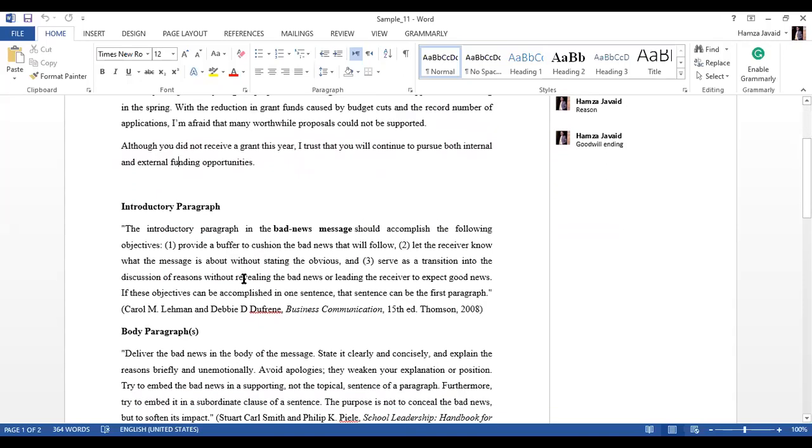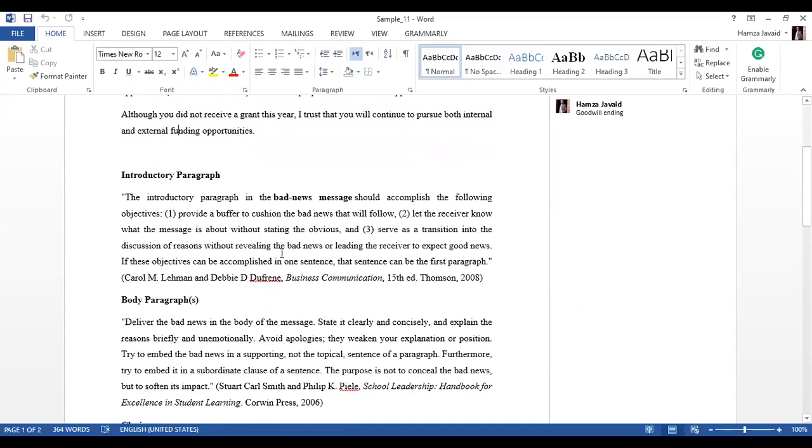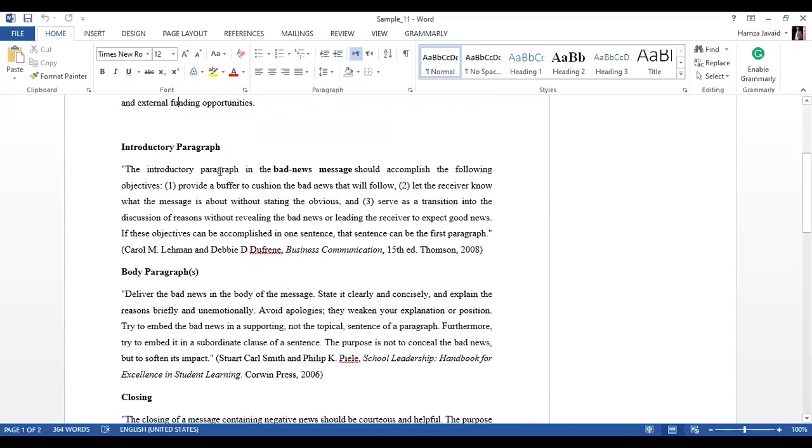What I've done here, I'll upload separately as a document. In the introductory paragraph of a bad news message, we try to do the following, as in that example. Provide a buffer to cushion the bad news that will follow. Let the receiver know what the message is about without stating the obvious.